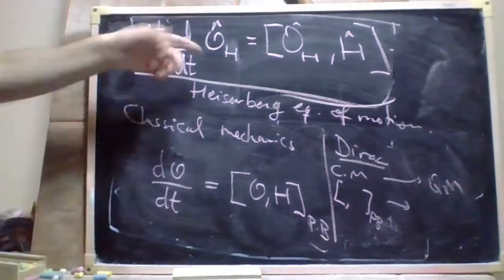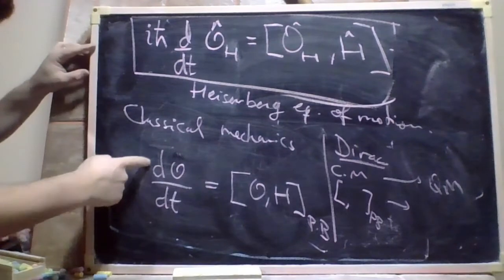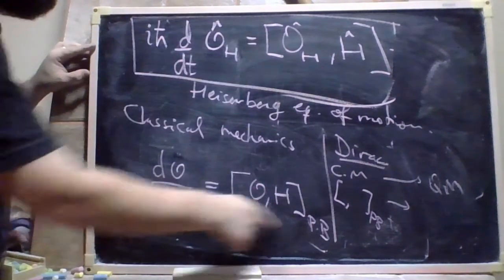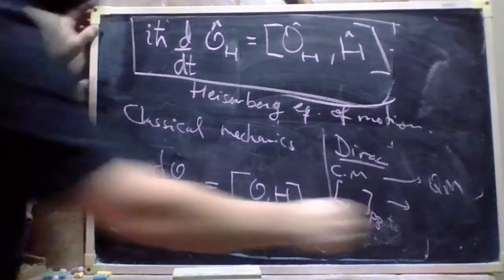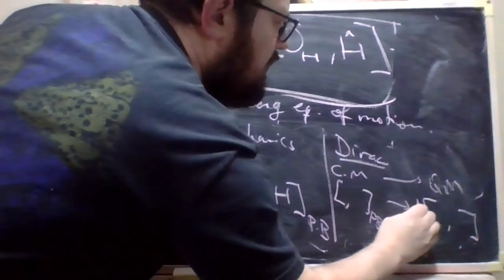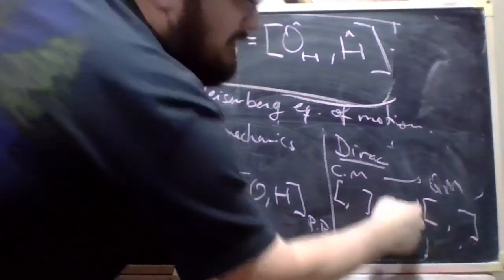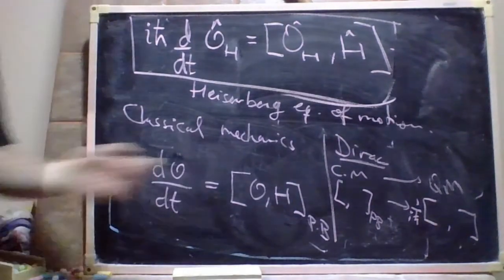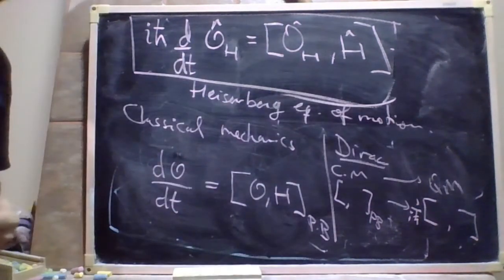If you want to keep the time derivative alone, you must replace this Poisson bracket by a commutator divided by i h bar. That's the replacement which Dirac pointed out.